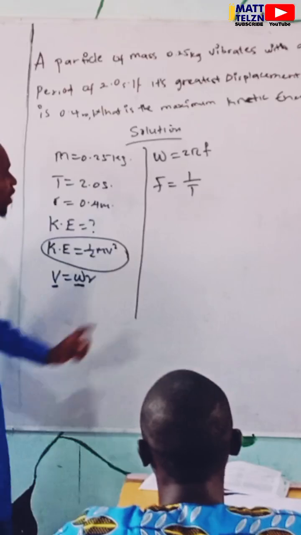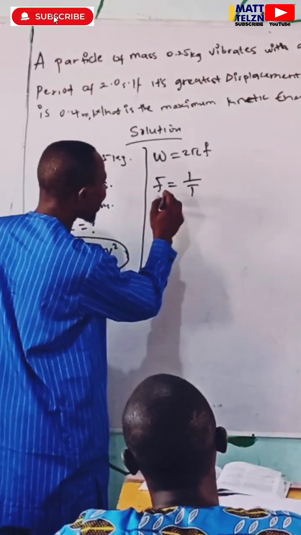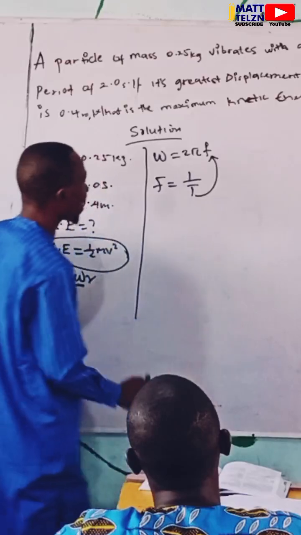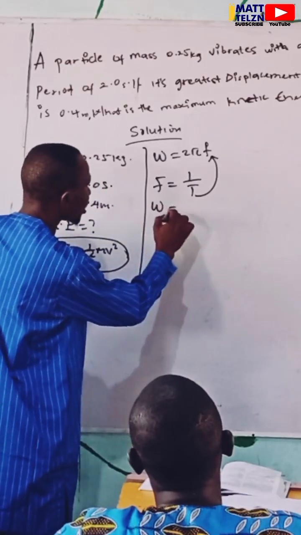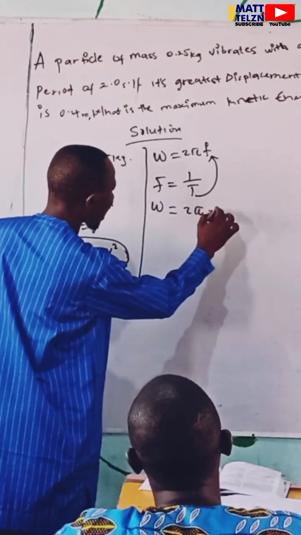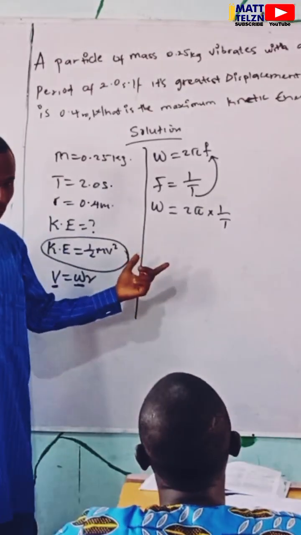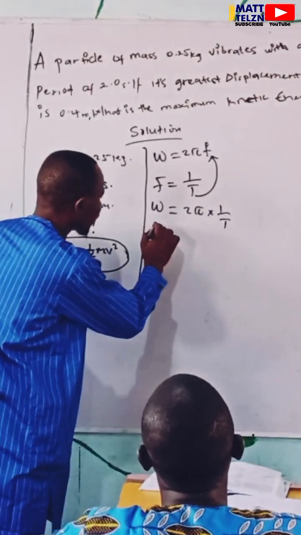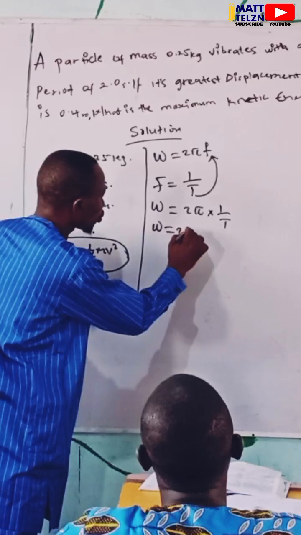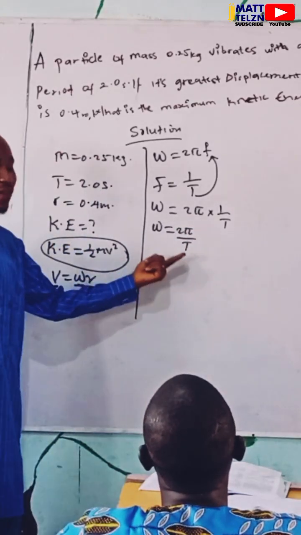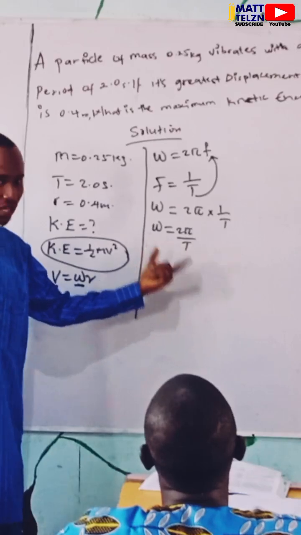If I replace the frequency, my angular velocity is going to be 2 pi times 1 over period. Now I have angular velocity equal to 2 pi over T. This is what I will use to find my angular velocity first.